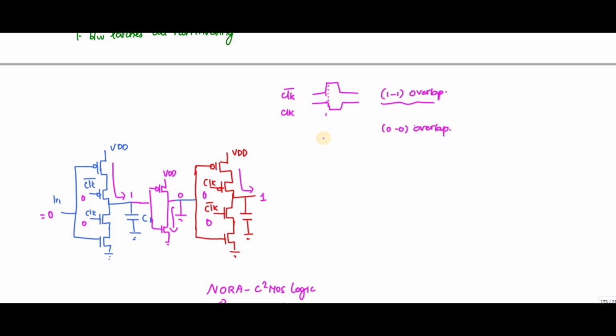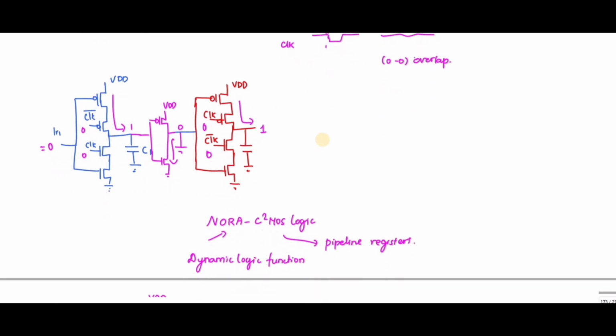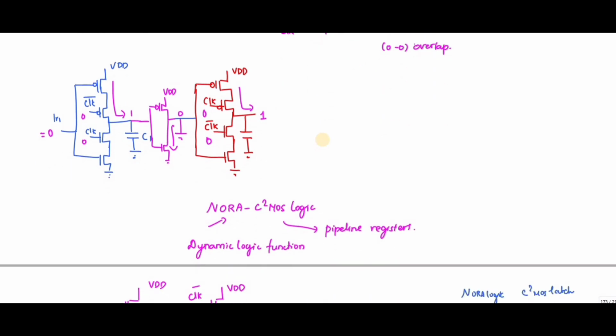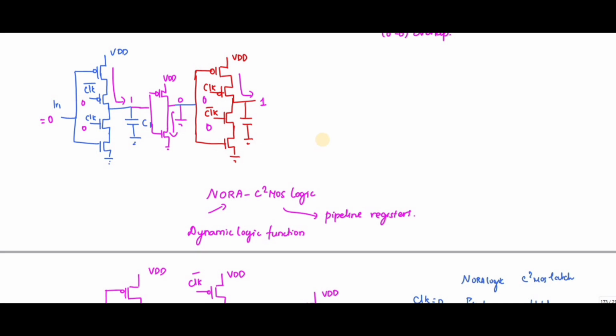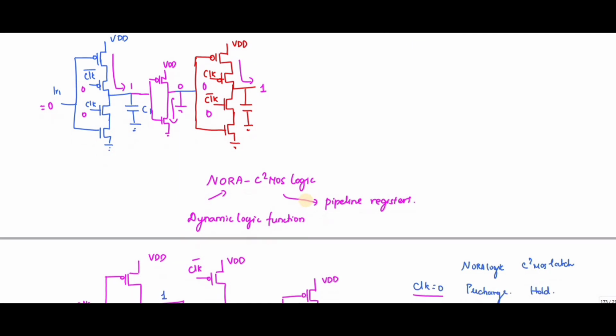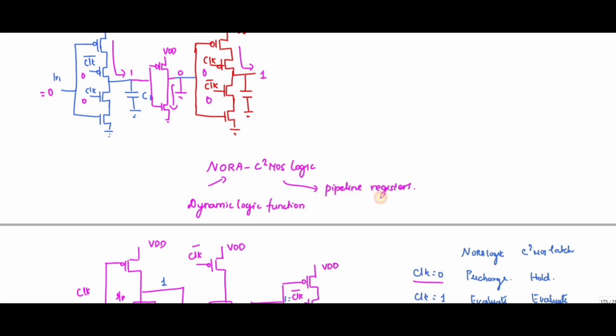So what I'm going to do is go for NORA and C square MOS logic. For NORA logic, I'm going to implement the dynamic logic function, and for the pipeline register, I'm going for C square MOS logic. It is a mixture of static and dynamic logic.